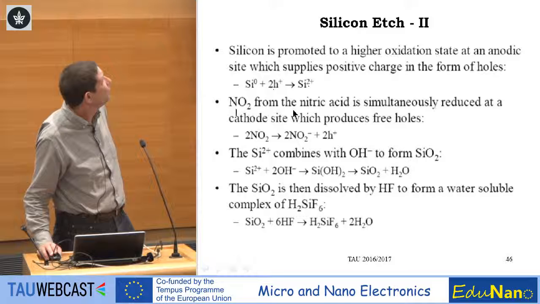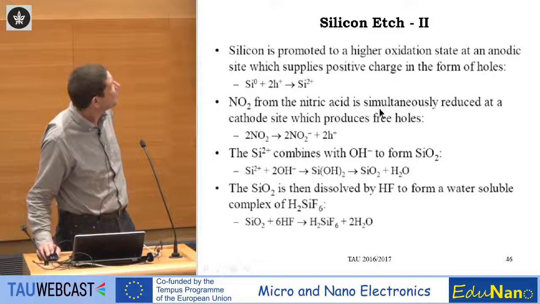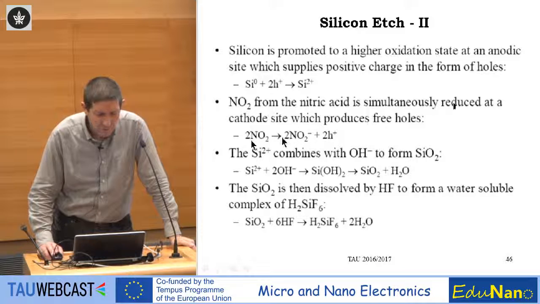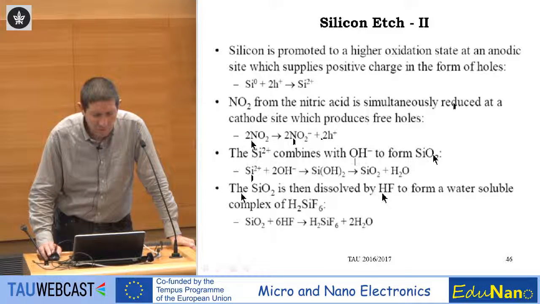The NO2 from the nitric acid is simultaneously reduced at the cathode, so it becomes NO2 minus and gives 2 holes. The silicon 2 plus combines with OH minus to form SiO2, so Si 2 plus and 2 hydroxide make Si(OH)2. This SiO2 is then dissolved by HF to form a water-soluble complex, H2SiF6.